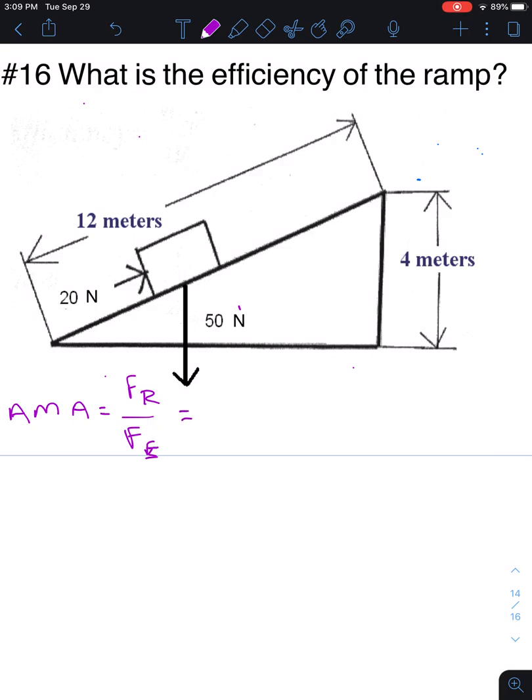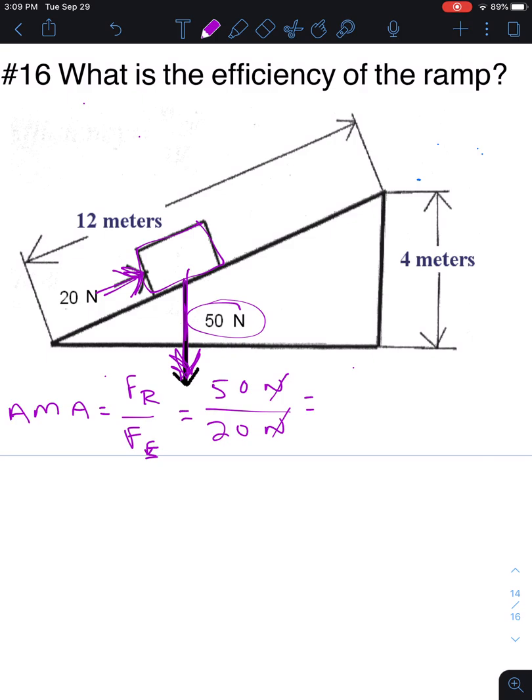Your resistance is the force of the load, and it's showing you that this is the load. It's pointing an arrow straight down. Here is your load, 50 newtons. Your effort, follow the arrow. You have to push that load up the ramp. It's 20 newtons. 50 divided by 20.